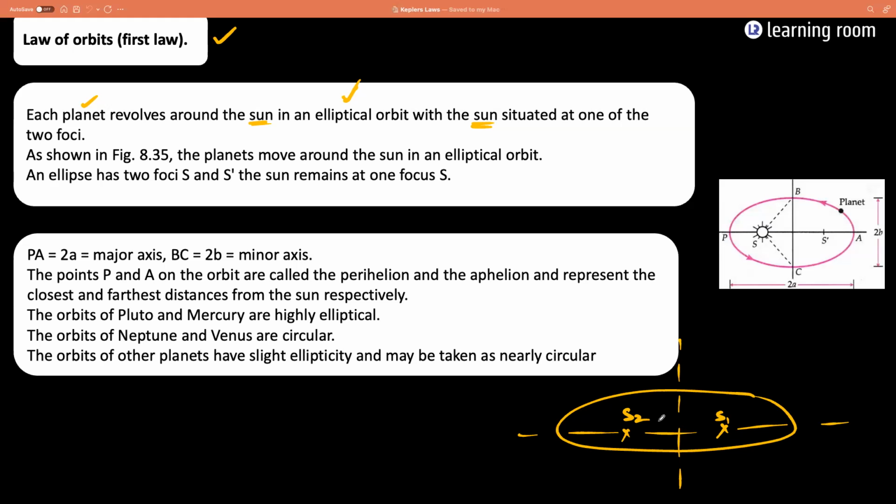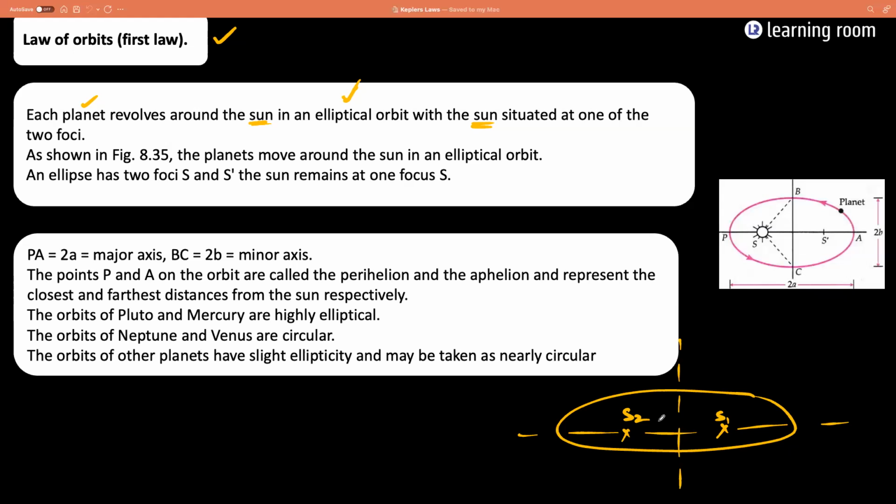So at one of the foci, if the sun is situated and the planet is revolving, then we call this kind of motion elliptical motion. And that is what Kepler's first law speaks about. Each planet revolves around the sun in an elliptical orbit where the sun is situated at one of the foci.